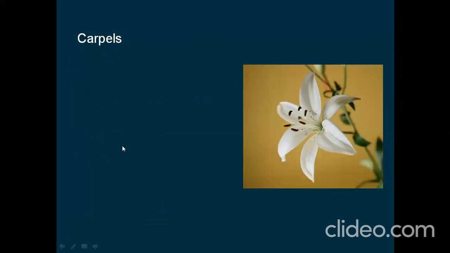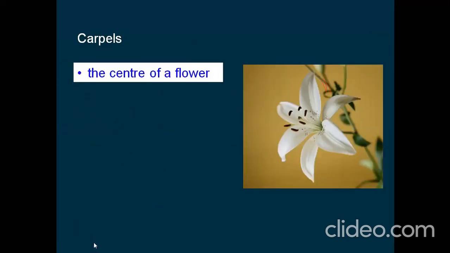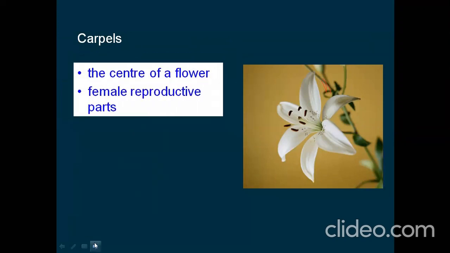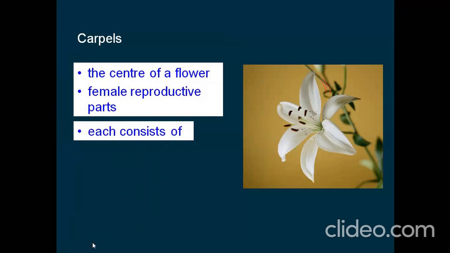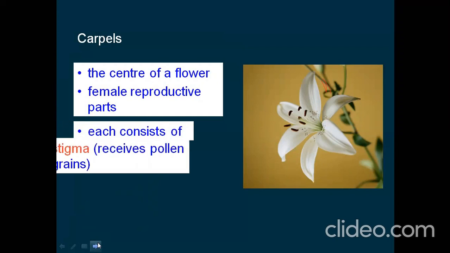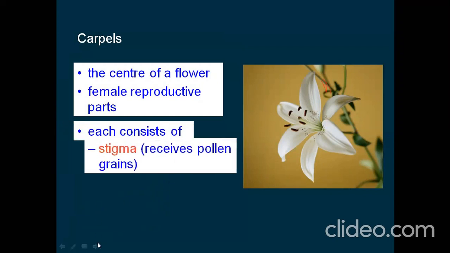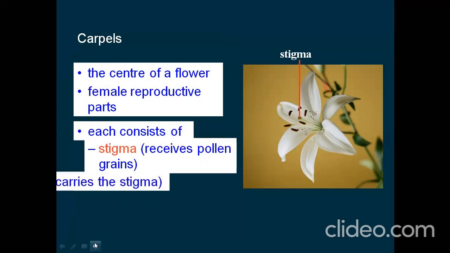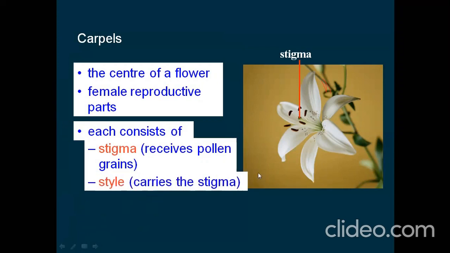Come to our carpel. The female reproductive part, the center of a flower. The female reproductive part consists of the stigma that receives pollen grain. Let's see here. The style carries the stigma, meaning it gives support to the stigma, right?